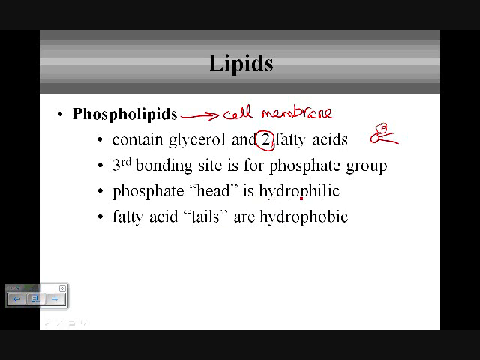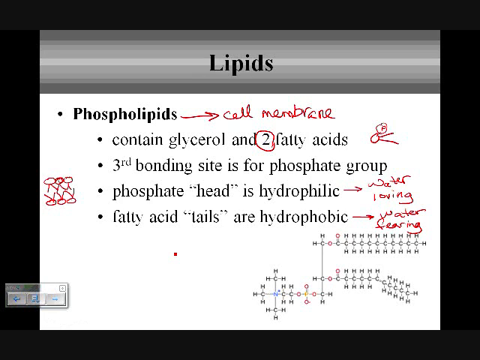That phosphate head is what we refer to as hydrophilic. We should know that hydrophilic is referring to water-loving versus hydrophobic being water-fearing. And those hydrophobic are the fatty acid tails. And that kind of creates that phospholipid bilayer that we talked about last year in biology class, addressing the fact that the heads were always in contact with the outside or inside liquid component, while the tails, which were hydrophobic, were in that middle space between the 2 layers where typically water was not being held.